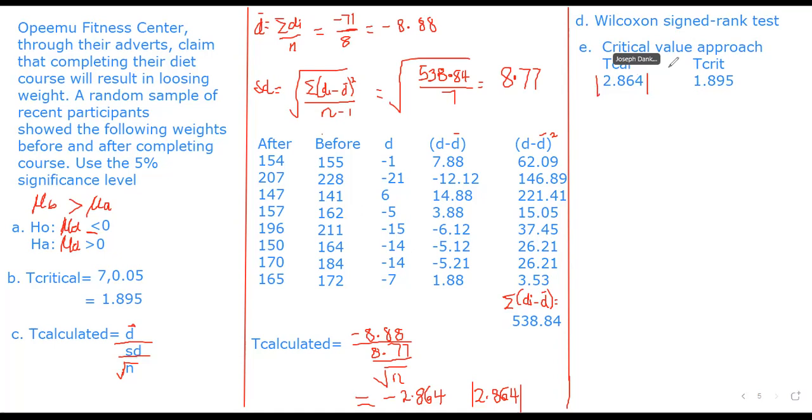So this one is bigger than this, right? So what will be the decision? You reject H0. Reject H0, since T calc of 2.864 is greater than T critical of 1.895.